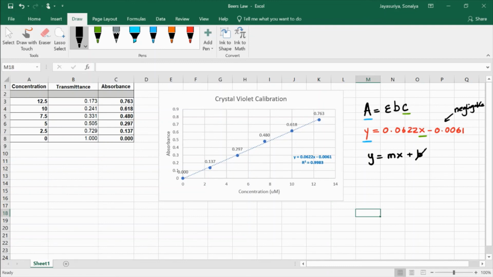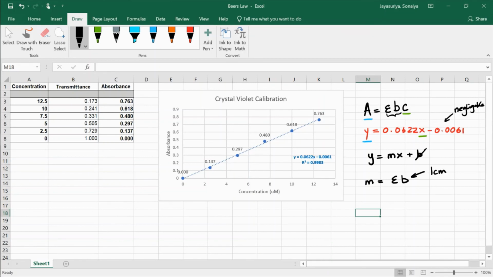We're not really paying attention to that, but we know what our y is, we know what our x is. So this number, 0.0622, is whatever's left in Beer's law, okay? So the slope m is equal to the molar absorptivity constant times the path length, okay? Now the path length in all of the experiments that will be given to you is 1 centimeter.